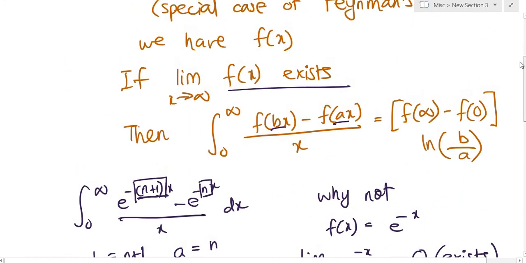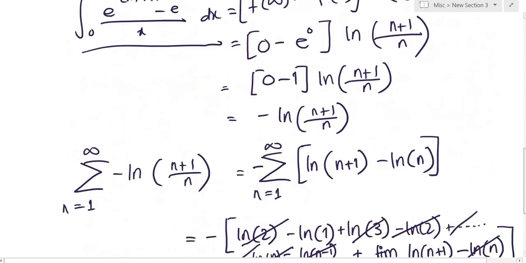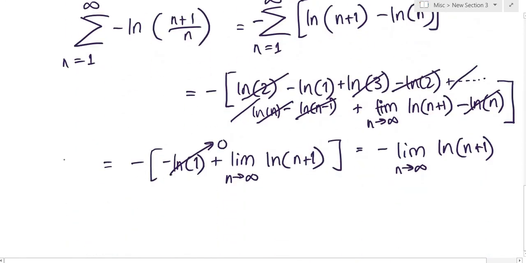So that's essentially our I1, right? I1 was the sum of the integral. So we found our I1.